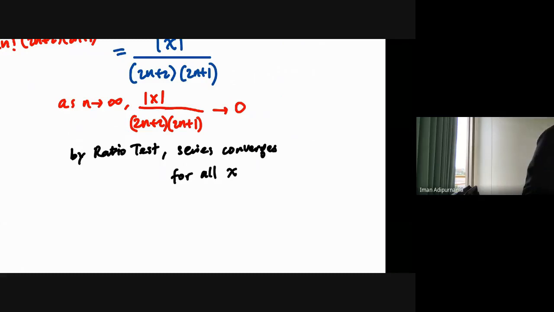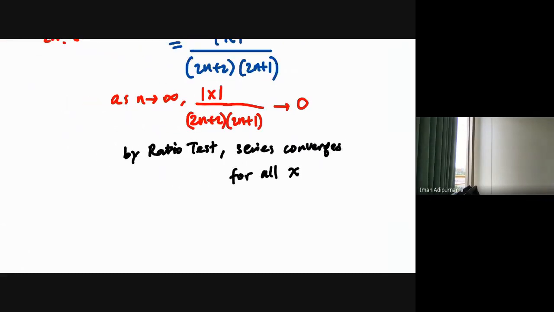So in the first example, you have some value for x, you can define x in a certain interval for the ratio.